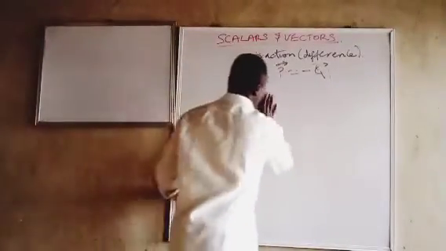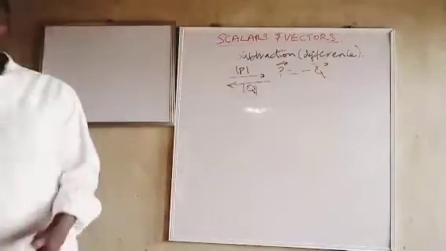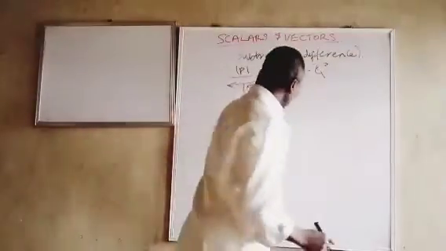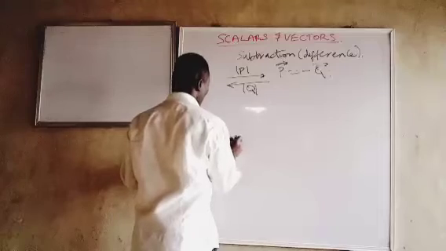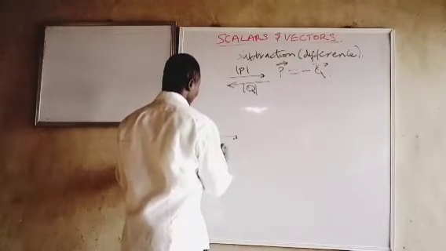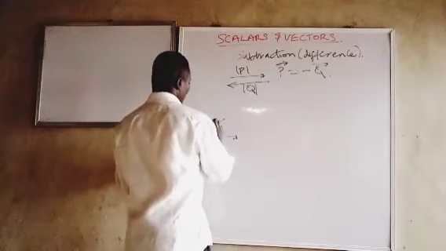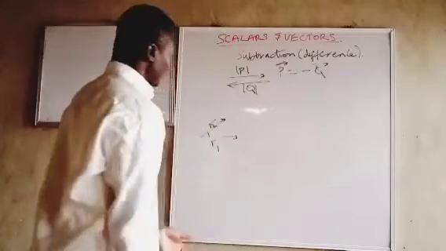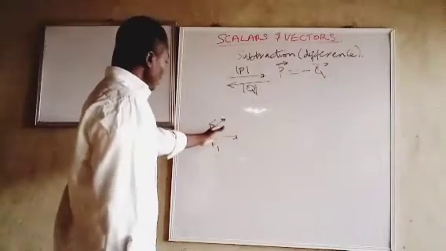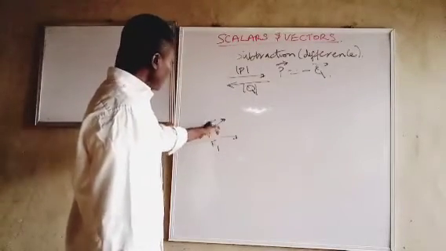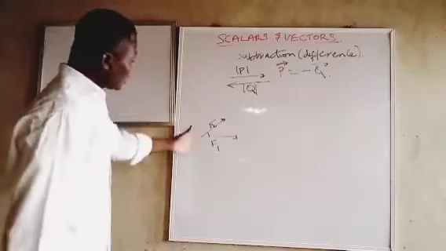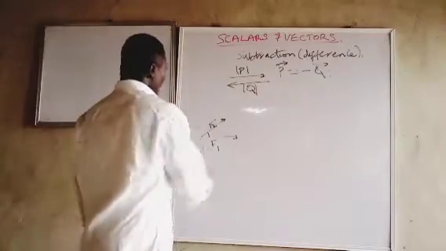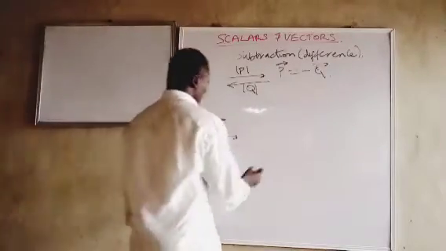Now, let's see what I mean. Like the other time I said, we have two vectors like this. We have F1, we have F2. And in my analysis, I need to get the difference of the two vectors, one vector relative to the other, like say, F1 minus F2 in vector form.